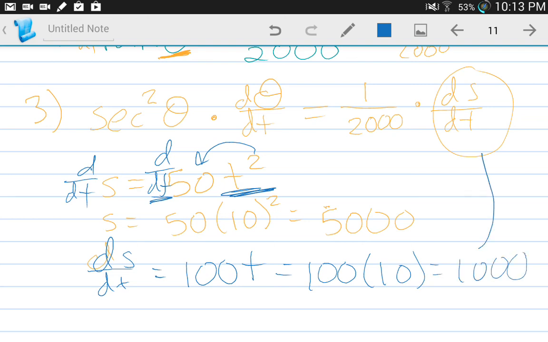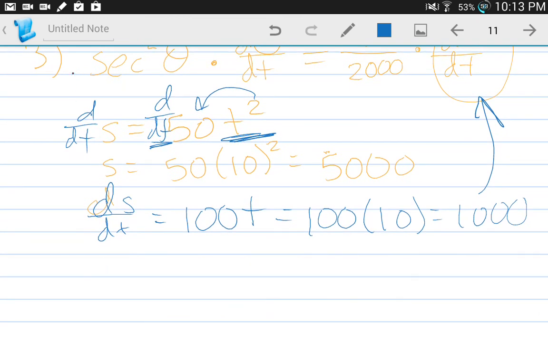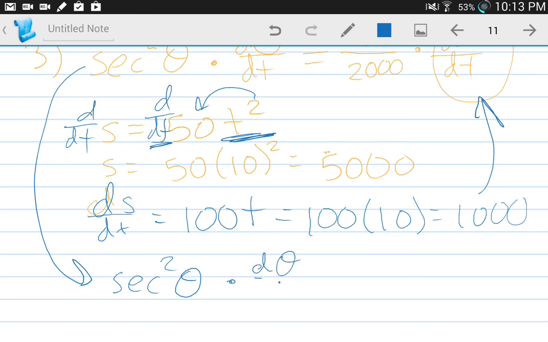So that's going to be what we're going to plug in for ds over dt. So going way back to that equation we had, we'll have secant squared of theta, and we still don't have a theta yet, but secant squared of theta times d theta over dt, which is what we're solving for, equals 1 over 2000. Now we're going to plug in that 1000.